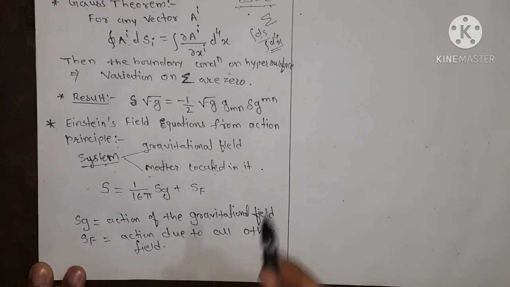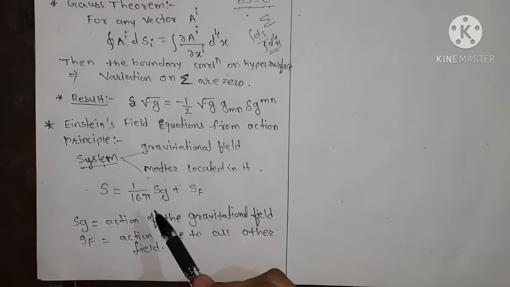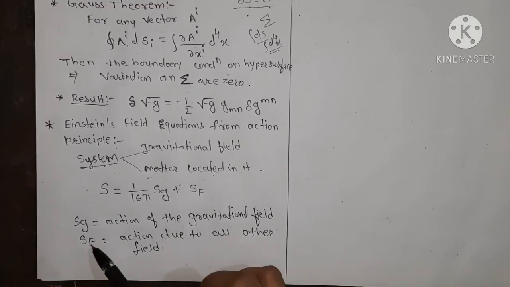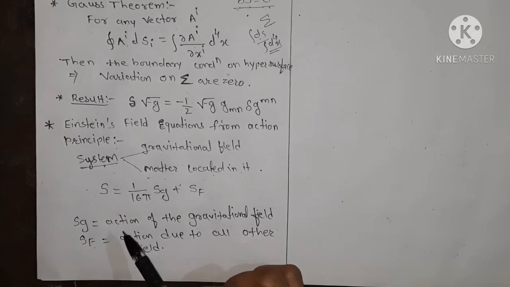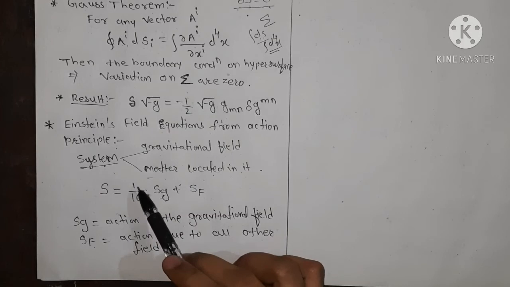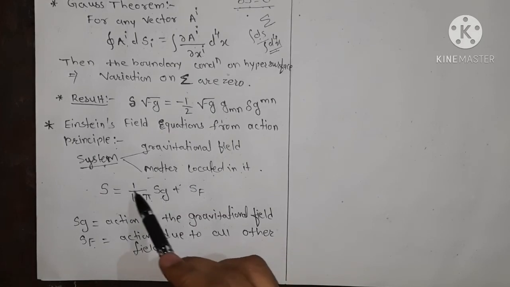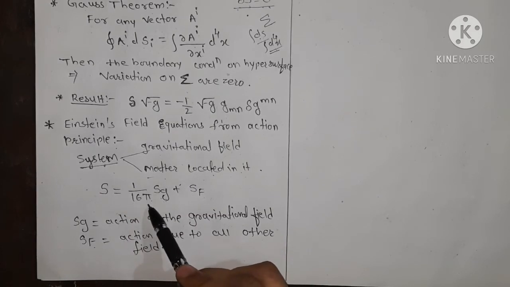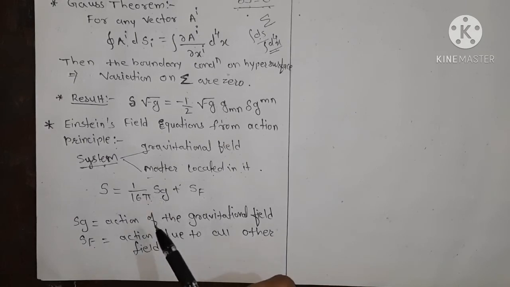All other fields means matter located in it, or radiation. We define this action Sf in terms of the energy momentum tensor, and the constant 1/16 pi. We take this constant 1/16 pi for convenience and for adjustment in solving this equation.